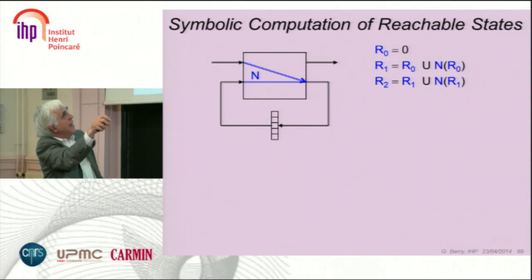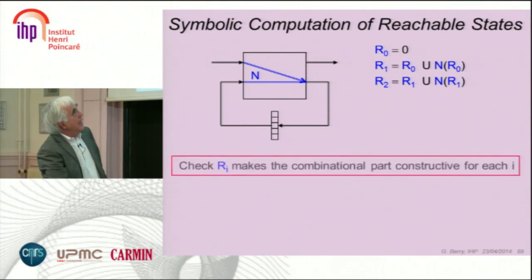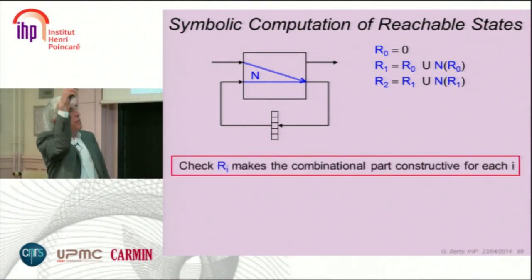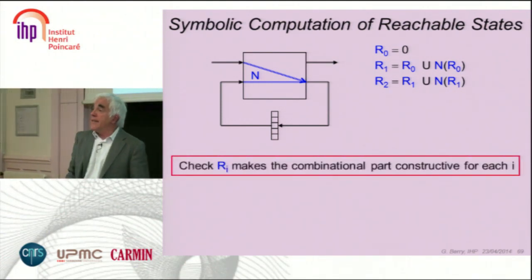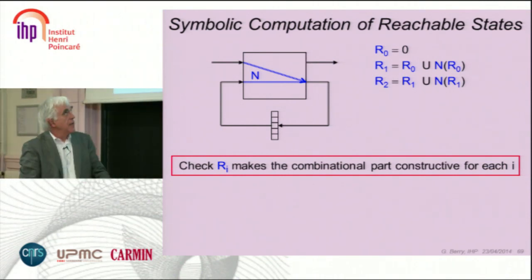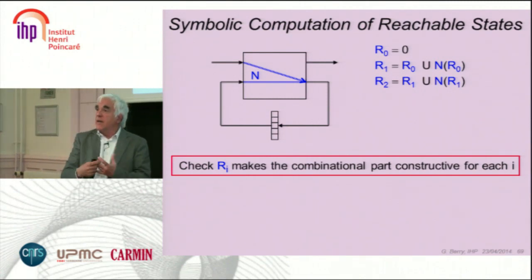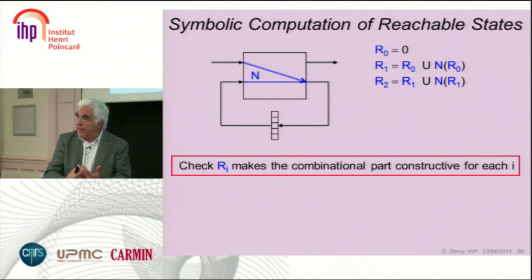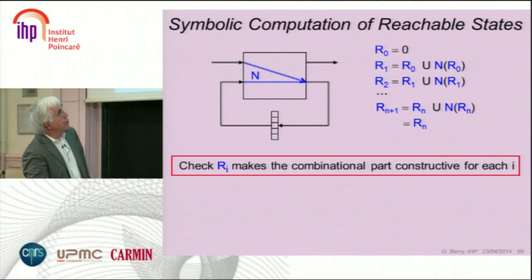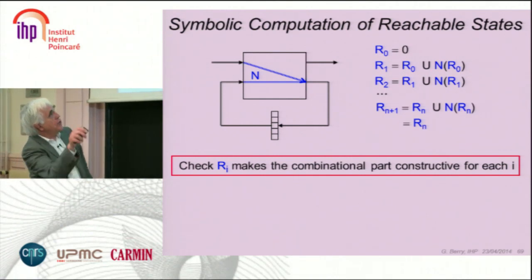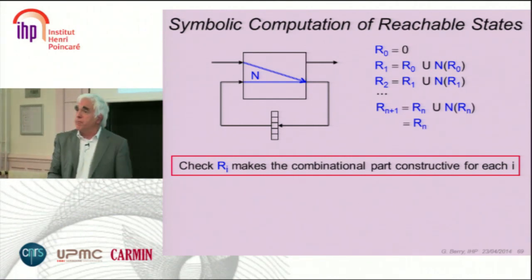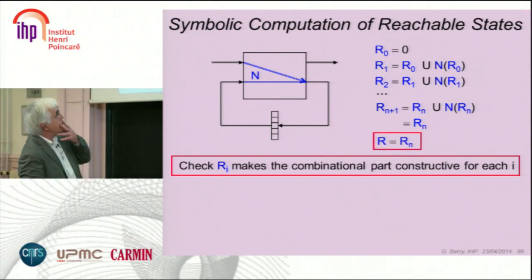And then you iterate, you apply R0 union next state, R2 union next state, and so on. And at each step, you check that the combinational predicate that makes the circuit constructive is verified at each step. And you go to the fixed point. And when you reach the fixed point by checking equality, then you're done.